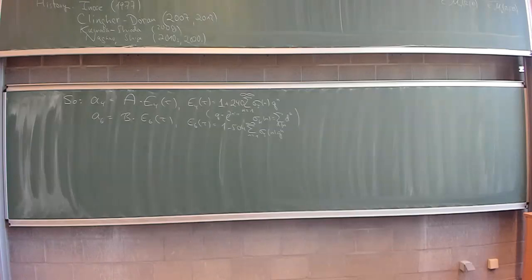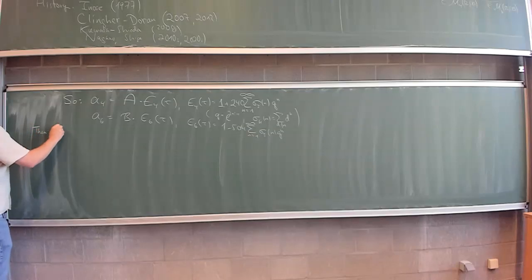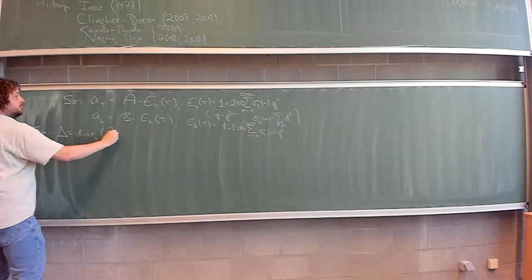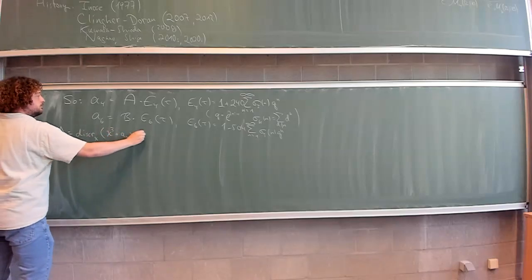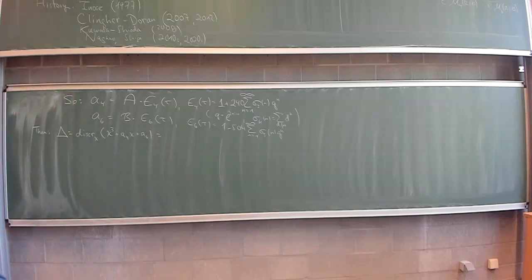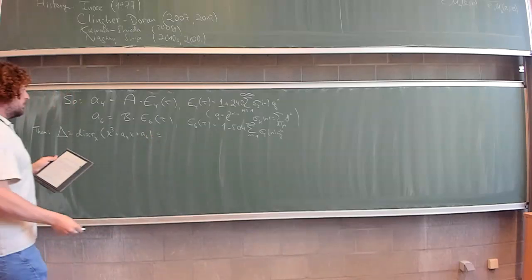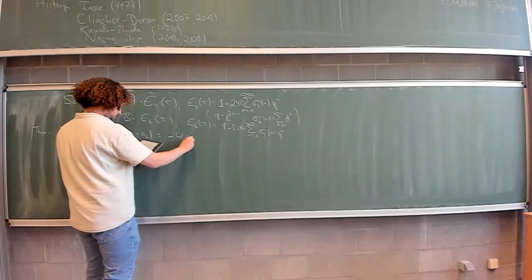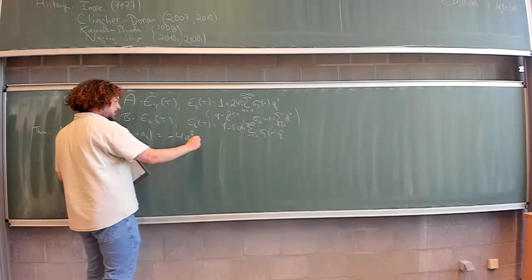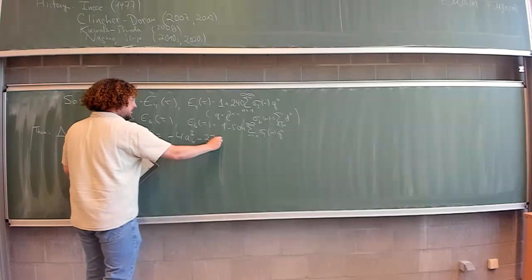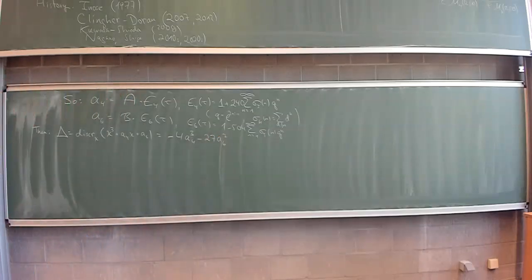How do we figure out the coefficients A and B? Of course, there are many ways to do that, but I think the easiest way is to take the discriminant with respect to x, which is given by minus 4 a4 cubed minus 27 a6 squared. And note that this is never 0.